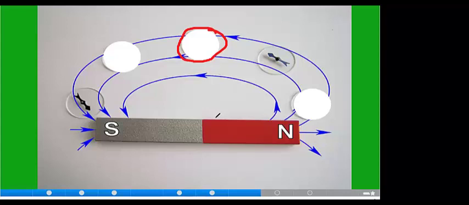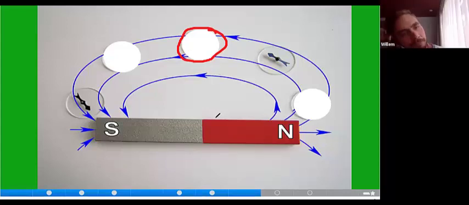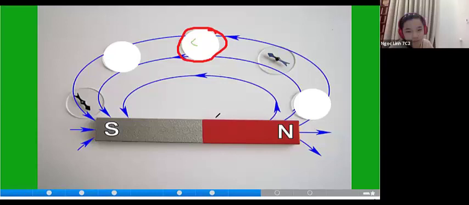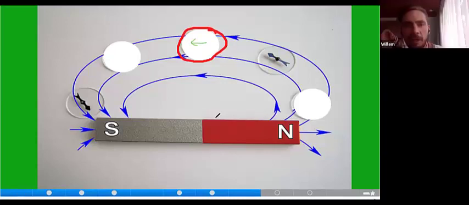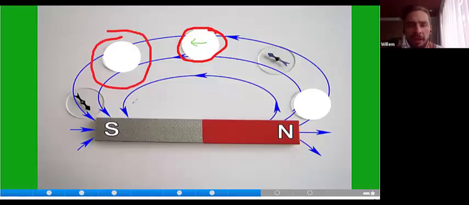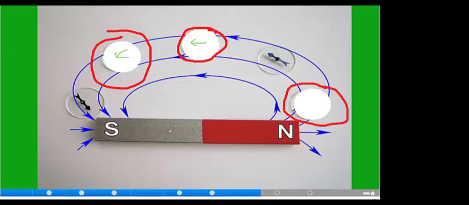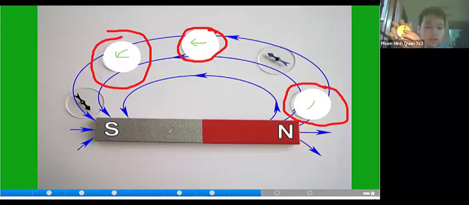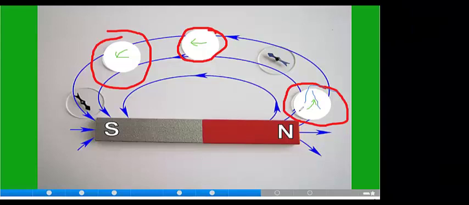Where would the arrow of the compass point to? The north. Okay, I can see someone starting to draw in. Well done. And this one, how would the compass look if you place it there? And how would this one look? Okay, close.